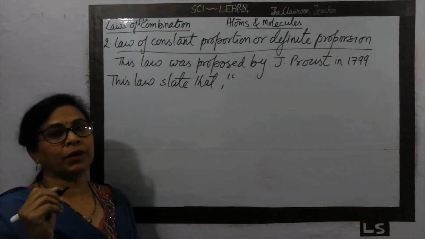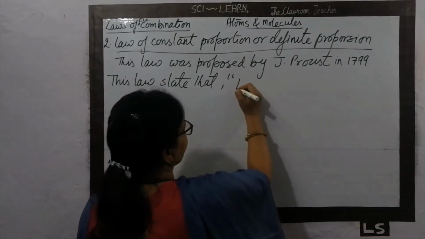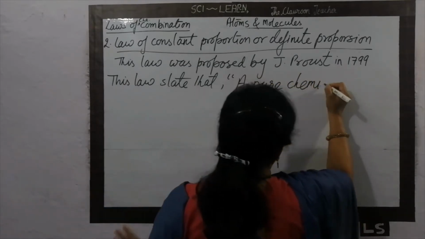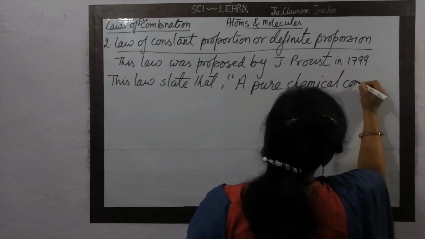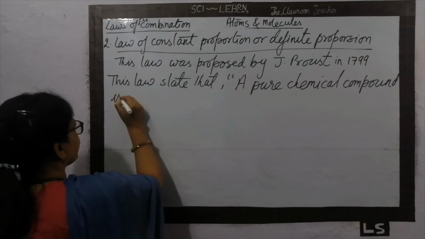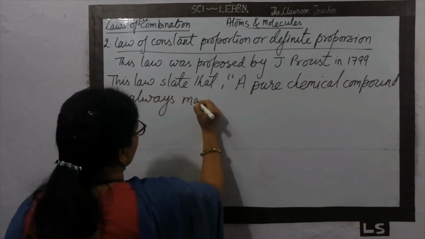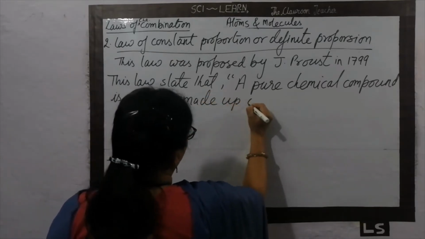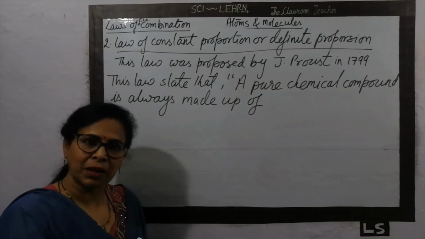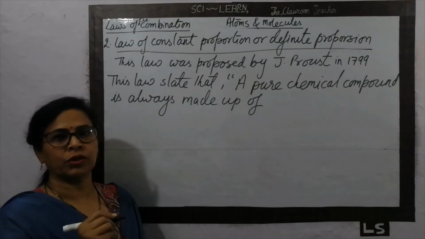During a chemical process, a pure chemical compound is always made up of the same elements which are combined together in a fixed or definite proportion by mass.